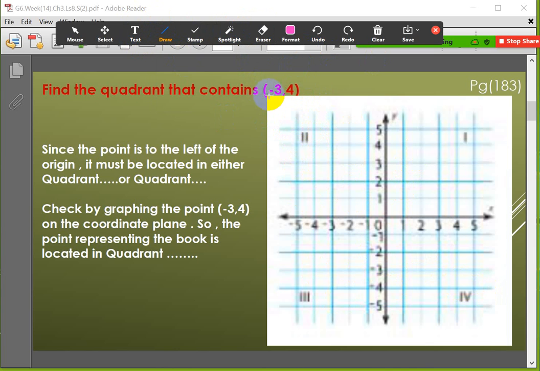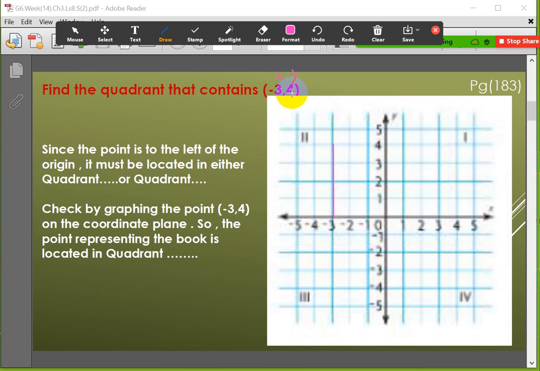So negative is negative 3. That means the first one is x and the second one is y, of course, as I said, in an ordered pair. Negative 3 on x, that means on the left side of 0, negative 3 will be here. And the 4, I will take a vertical line from this point.